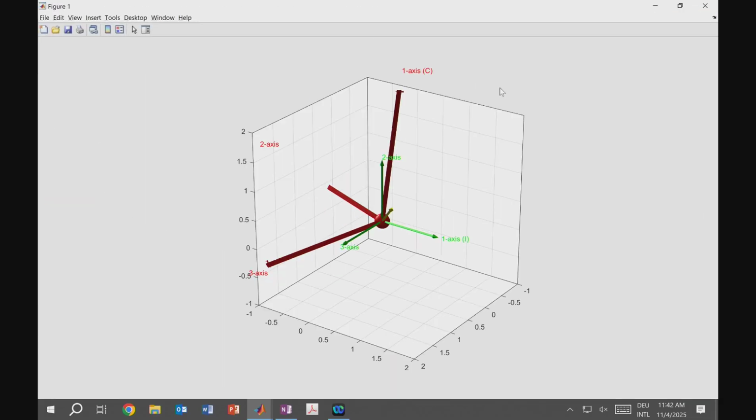There seems to be a problem. What's the problem? That is also a problem, but what's the bigger problem? What's the real issue here? Come on, guys, look at that screen. Look at that red coordinate system.